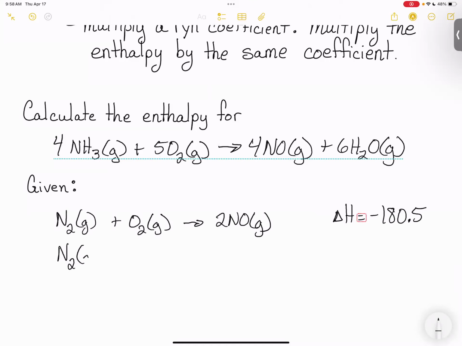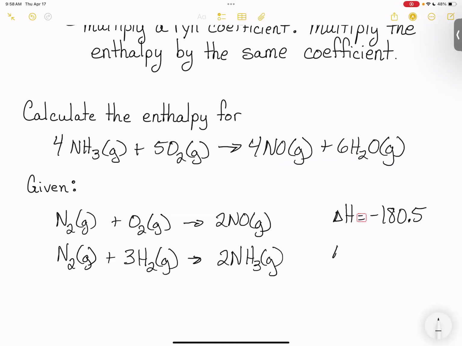Second one is N2 gas plus 3H2 gas goes to form 2NH3 gas with a delta H equal to negative 91.8 kilojoules per mole.